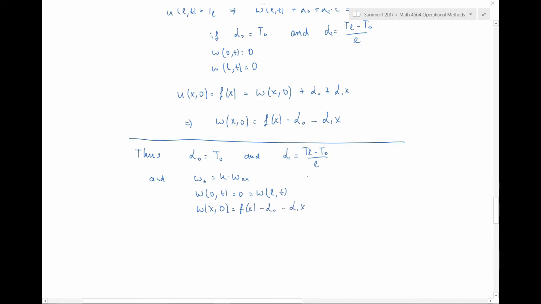We do know how to solve this problem. This is the zero temperature ends problem. So therefore, dealing with non-zero boundary conditions is really not that complicated.